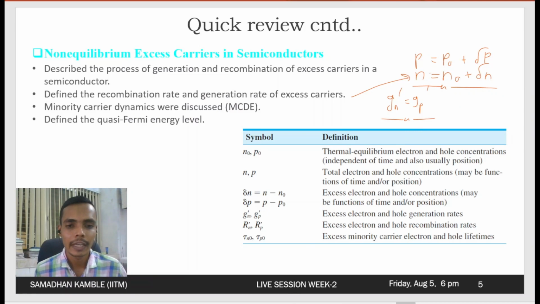Here n naught and p naught are the thermal equilibrium concentrations, and delta n and delta p are the excess electron and hole concentrations.